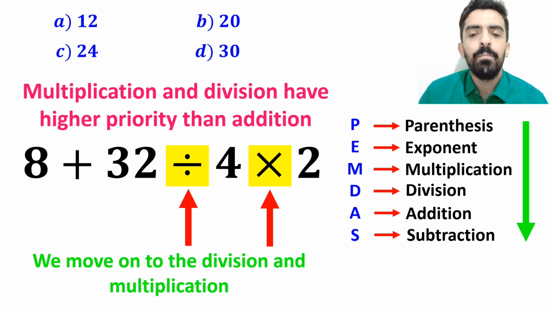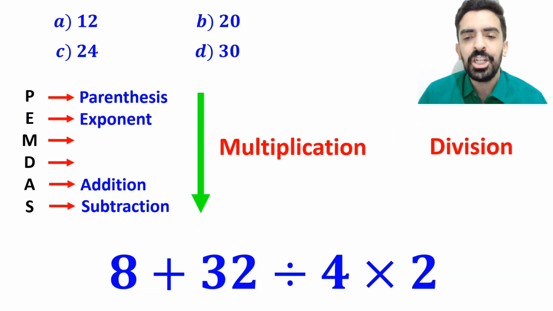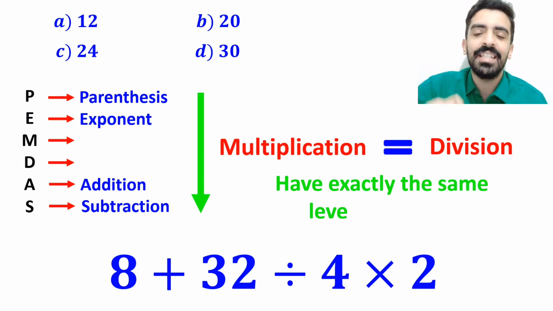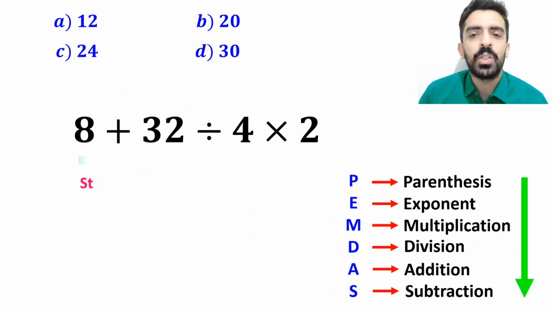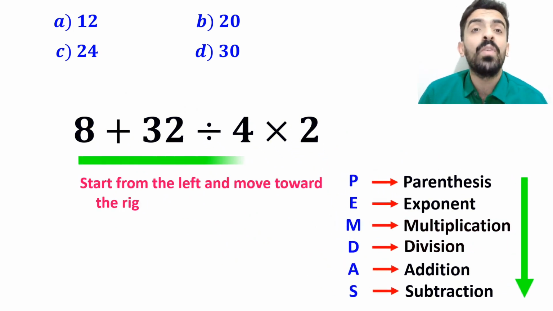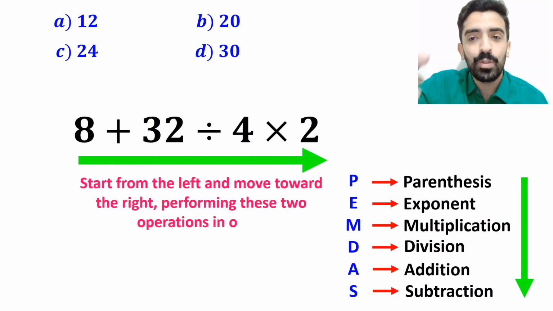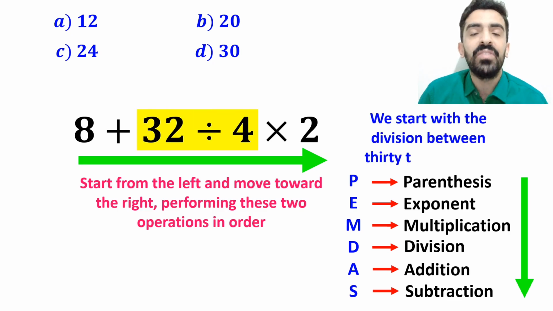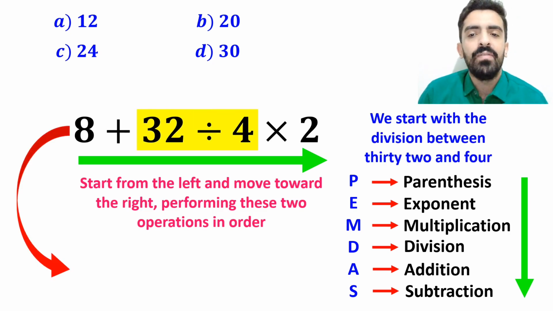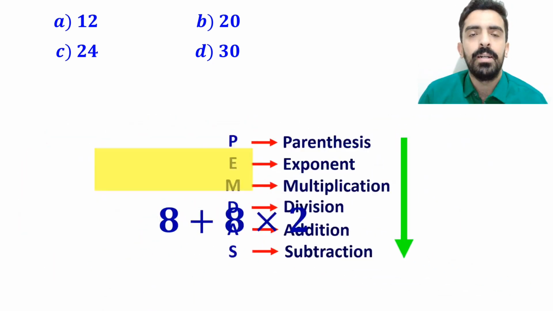However, it's really important to understand that multiplication and division have exactly the same level of priority. In this situation, the best approach is to start from the left and move toward the right, performing these two operations in order. So, first we start with the division between 32 and 4, which simplifies this expression to 8 + 8 × 2.